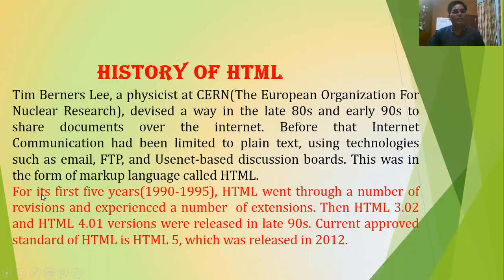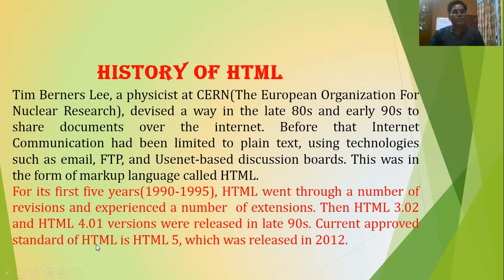Means to say, Tim Berners-Lee, a physicist, devised a way using HTML. Okay. For its first five years, from 1990 up to 1995, HTML went through a number of revisions and experienced a number of extensions. Then HTML 3.02 and HTML 4.01 versions were released in the late 90s.